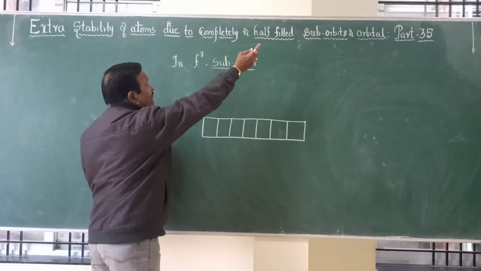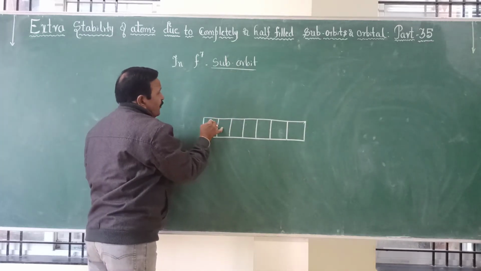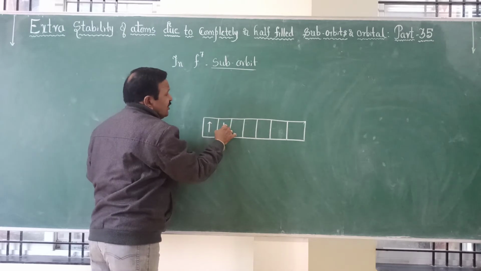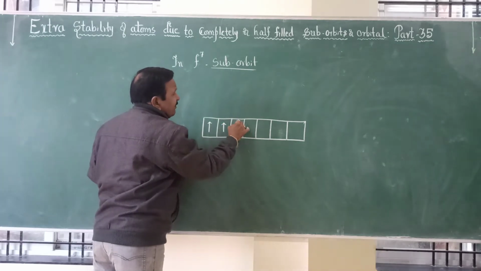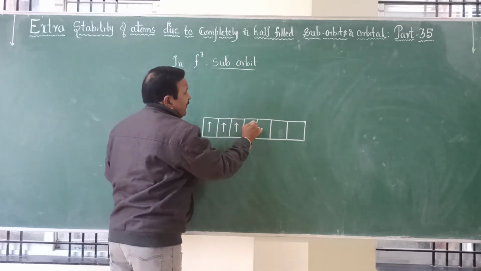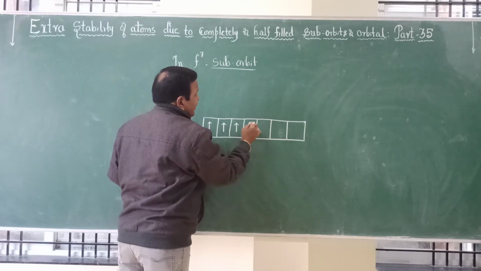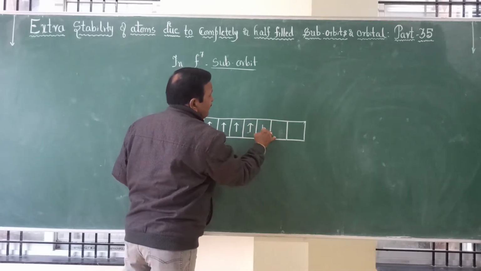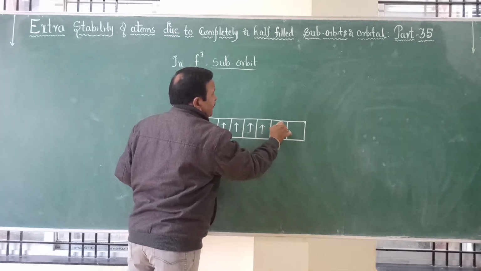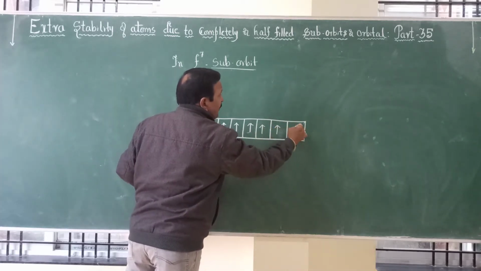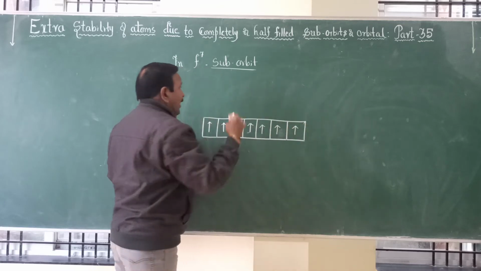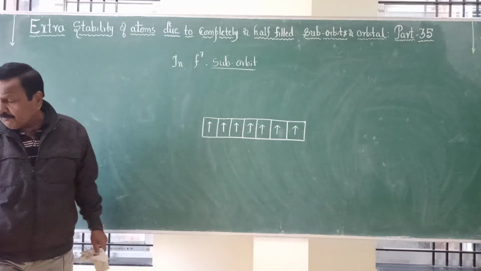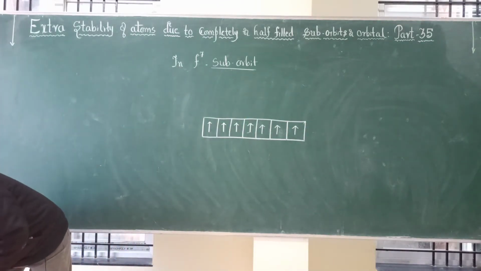And suppose f7, so we have to have 1 electron each according to Hund's multiplicity rule. In the f orbital, pairing will start from the 8th electron; up to 7 they are free and single. So, according to the principle of exchange energy, what happens?